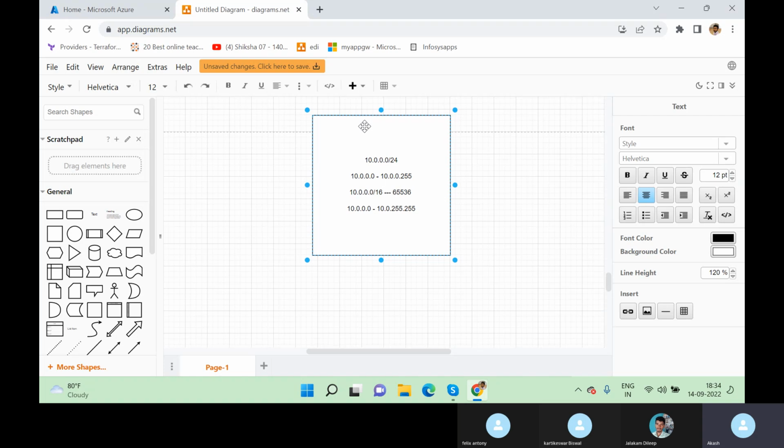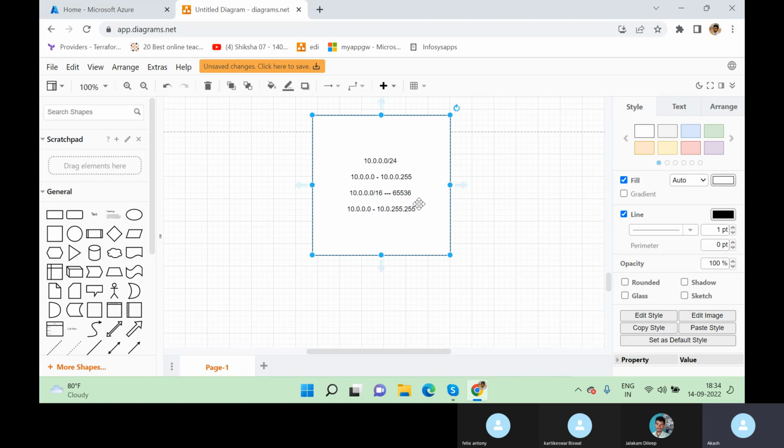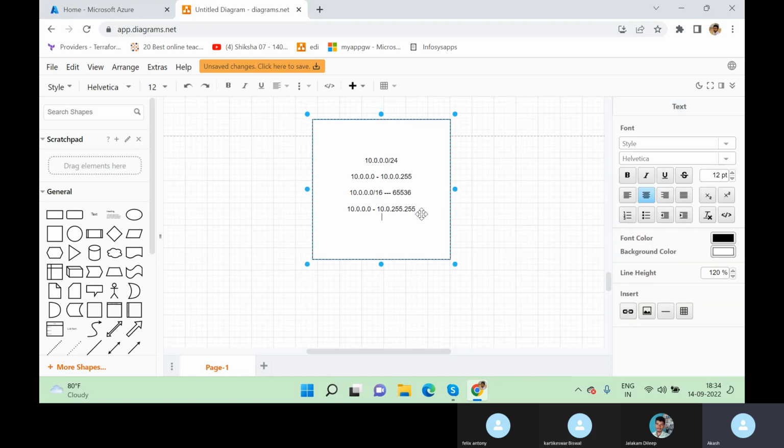So what I did for /24, the same thing I'm going to do here. Since I have exhausted this octet, I moved on to this particular octet. Similarly, in this case, I'm going to do the same thing.